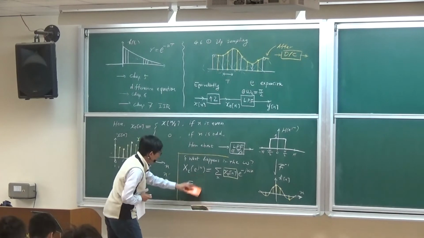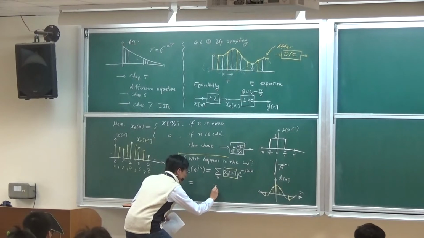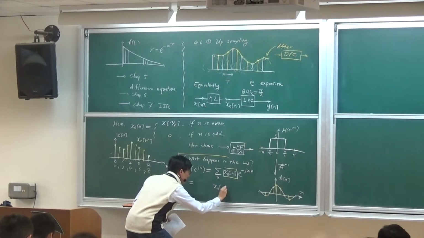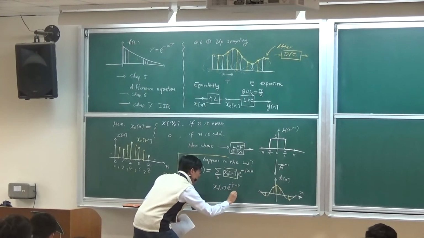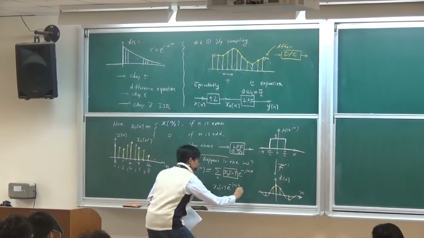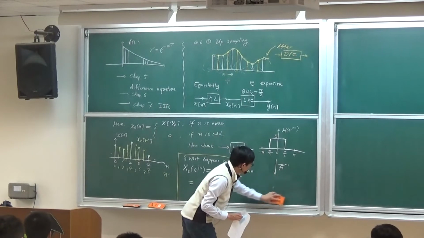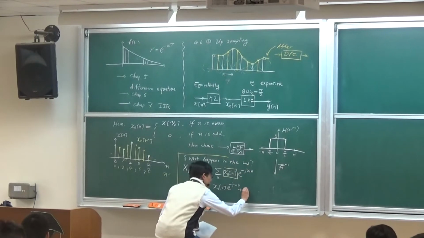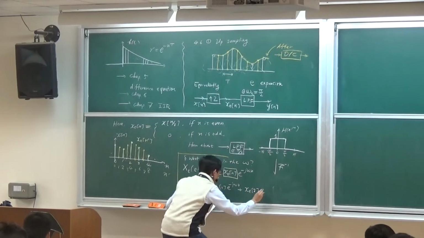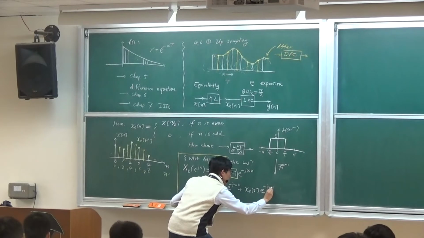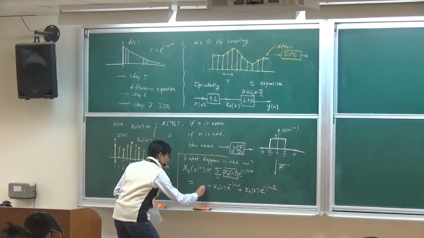Okay, let me actually put numbers in here. It's easier this way. x_e of 0 times e to the minus j omega 0, plus x_e of 2 times e to the minus j omega with the exponent 2 over there, and so on and so forth.